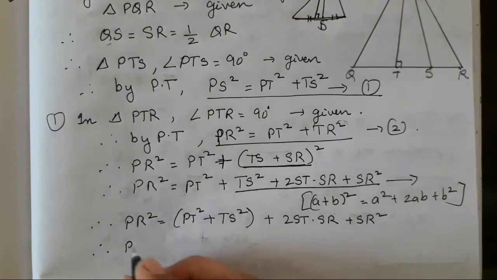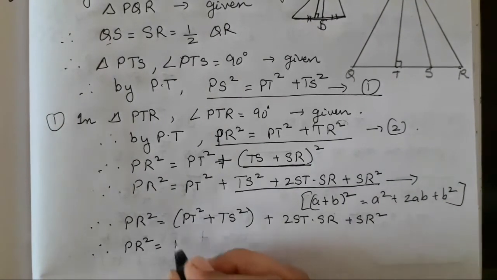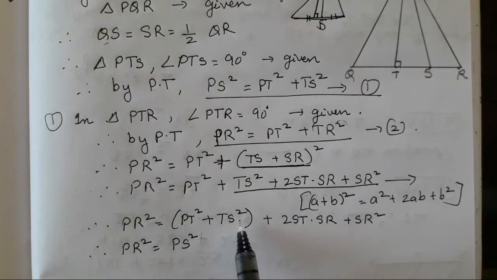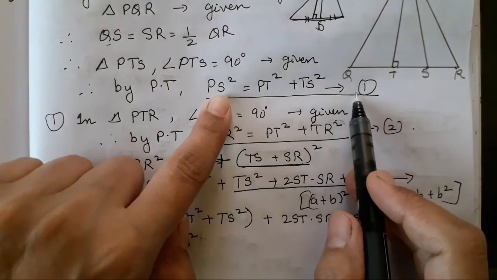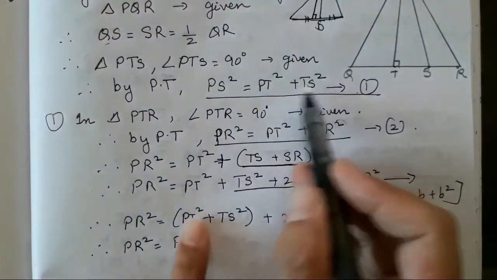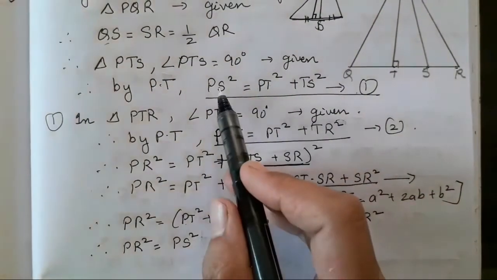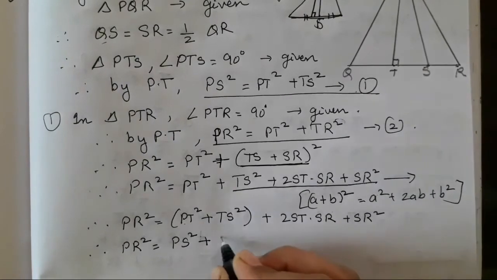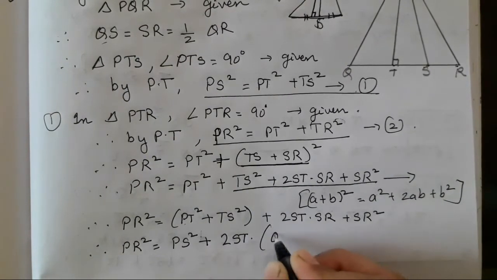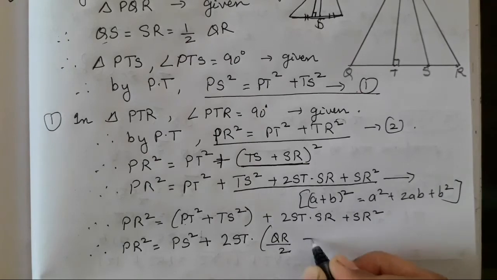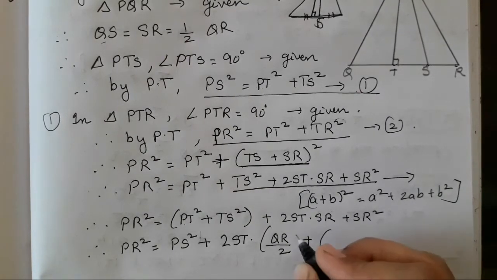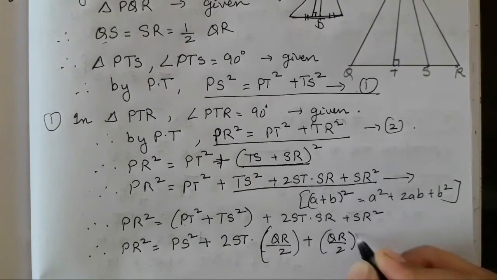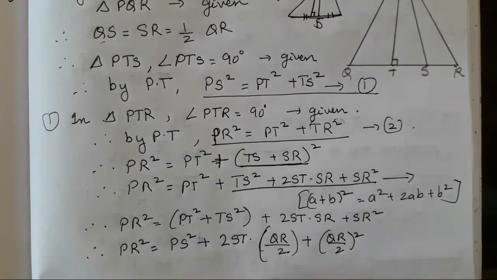Now why have I done this? Because the question we have to find in this way only. Now PT square plus TS square, we are going to get PS square. Got it? PT square plus TS square, these two are the same. So we are going to get PS square directly plus 2ST into QR upon 2 plus, let's close this bracket, (QR upon 2) whole square. Okay, so this only we have written.